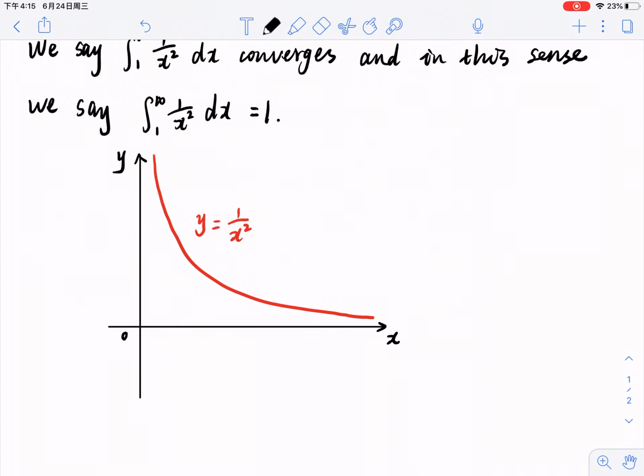And suppose x is 1 here, then this is 1. So the integral of 1 over x squared from 1 to infinity is the area of this part.